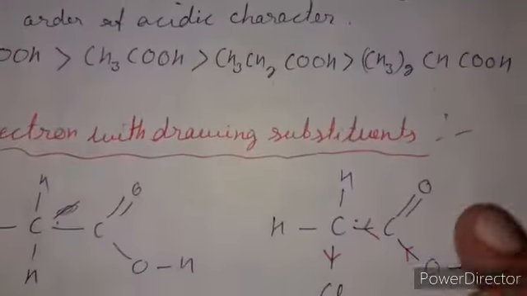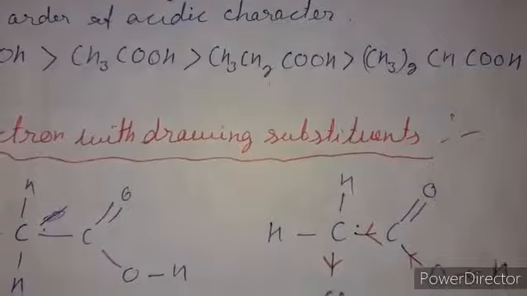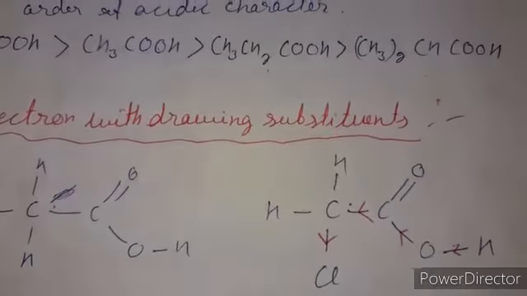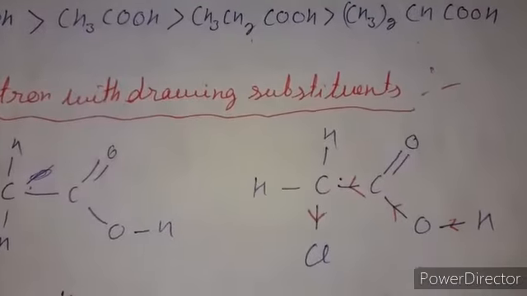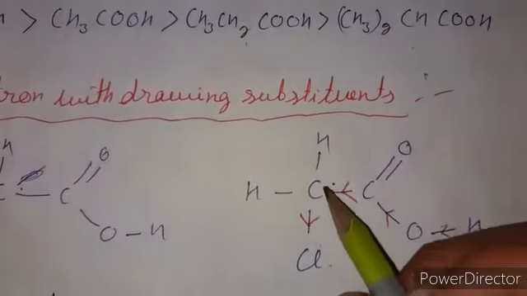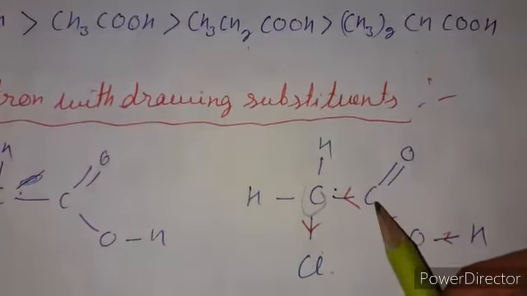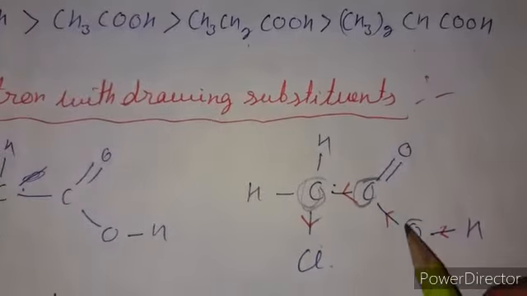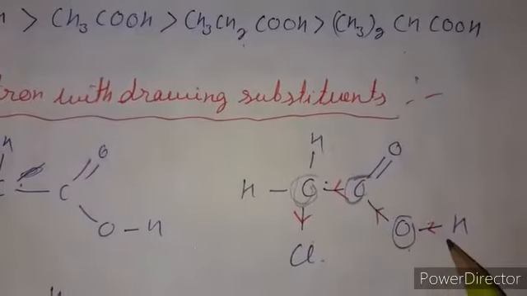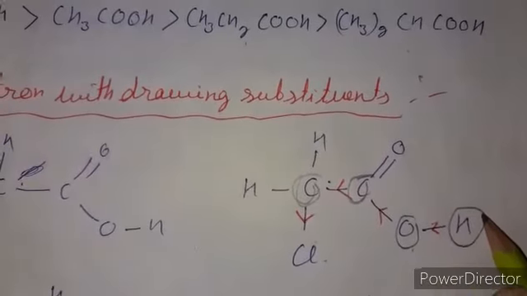Next we discuss electron withdrawing substituent. In the case of electron withdrawing, acetic acid or formic acid is weaker than chloroacetic acid, because this chlorine atom attracts the electron from this carbon, and this carbon attracts the electron from this carbon, and this carbon attracts the electron from this oxygen, and oxygen takes the electron from the hydrogen atom.